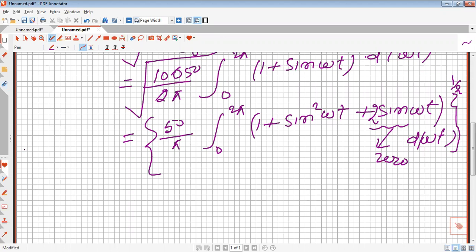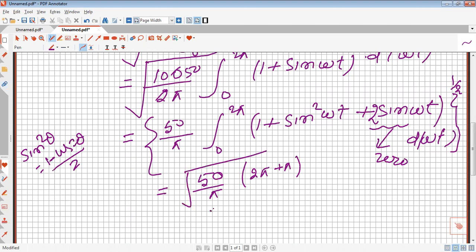As we know that sine square theta equals 1 minus cos 2 theta divided by 2, we apply this relation here, and by applying it you can check, the value is coming 50 by pi, 2 pi plus pi, and finally its value will be equal to the square root of 150.